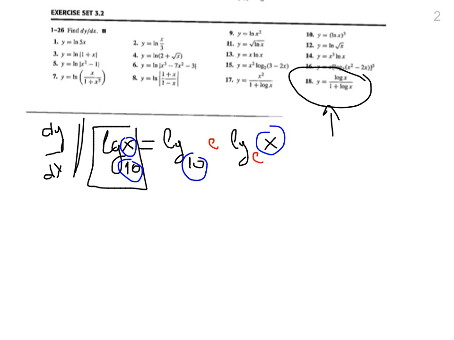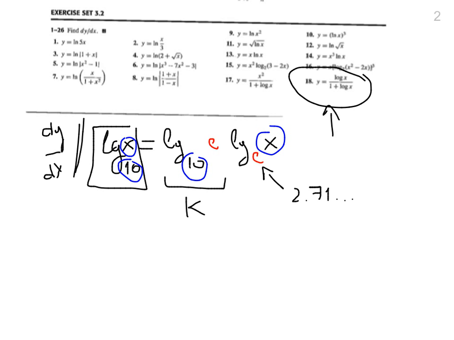Now, why is this important? First of all, please note the first term. This is just a number, because e is 2.71, etc. So the logarithm in base 10 of e is just a number. We can just call this k, for easier notation.